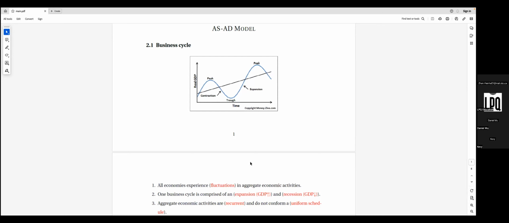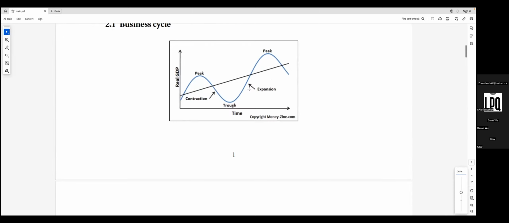Okay, and the next step, you need to try to understand the business cycle. Big fluctuations are actually a bad thing. If the fluctuations are too big, that is actually something bad. Why is the business cycle bad?